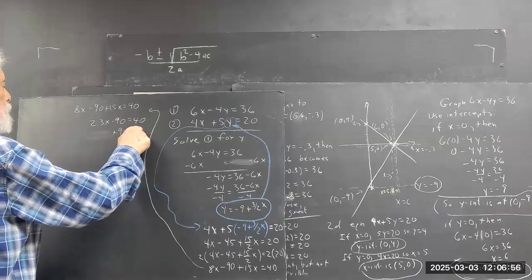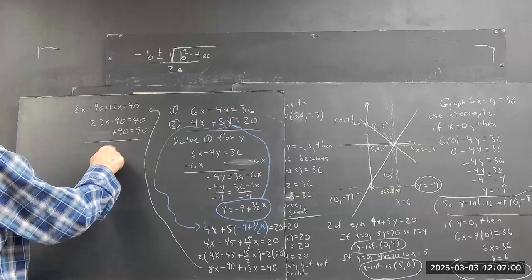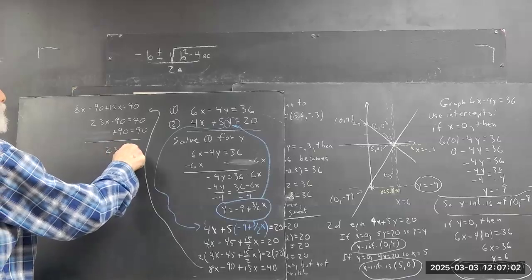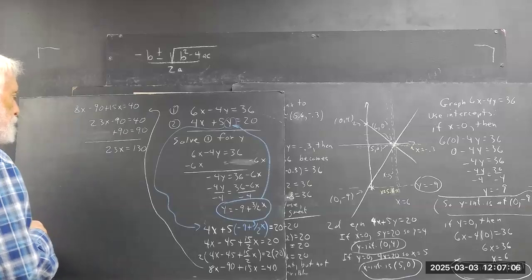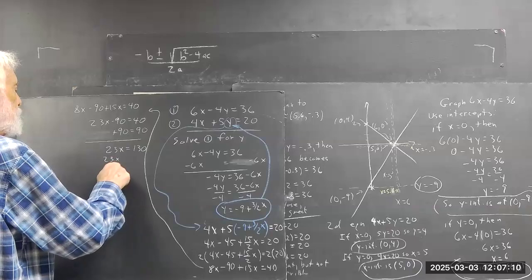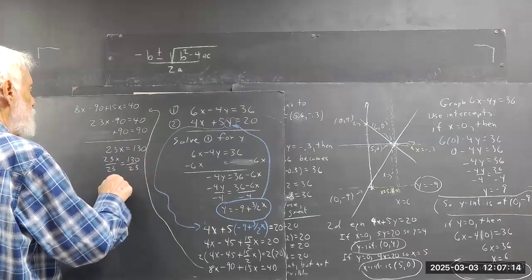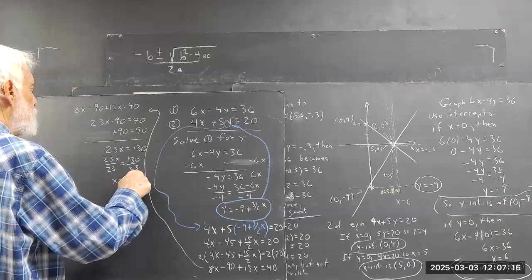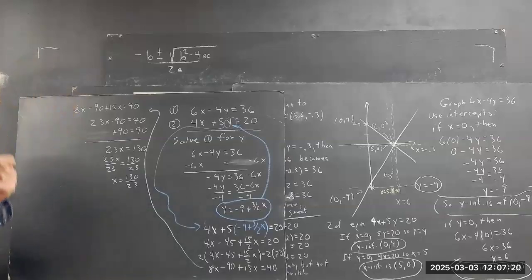I'll do the thing that y'all like to do. Add 90 to both sides, and I get 23x equals 130. 23x over 23 equals 130 over 23. So x is 130 over 23.